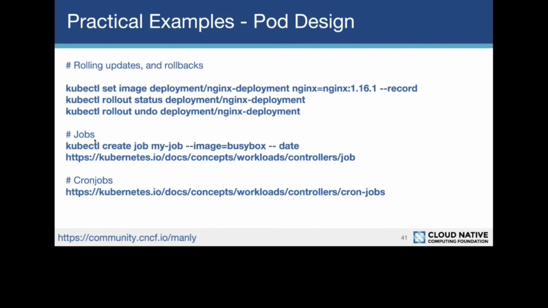And jobs as well. So you can do an imperative command for creating a job. I don't myself. I find it easier to go into the documentation and then just copy and paste the YAML and change it to what you need to. Same as cron jobs, because they can get quite nested.